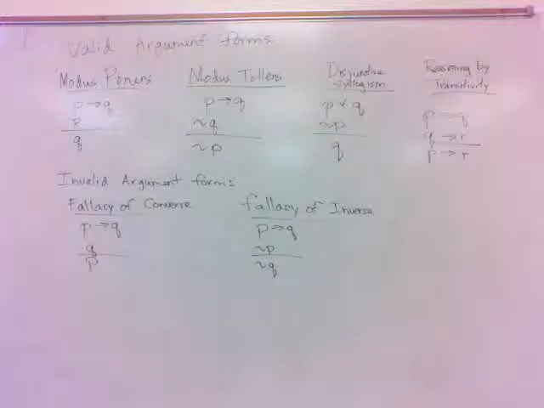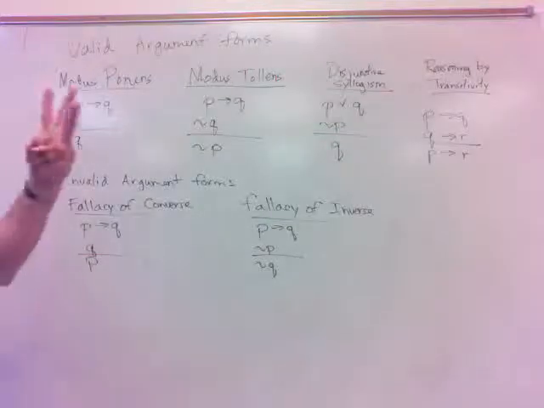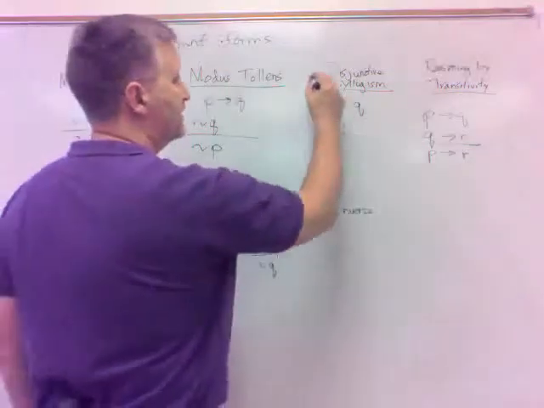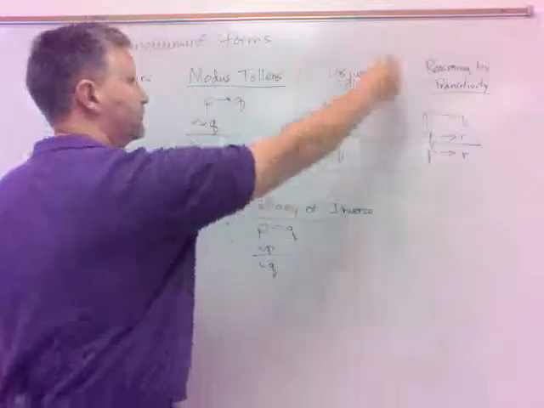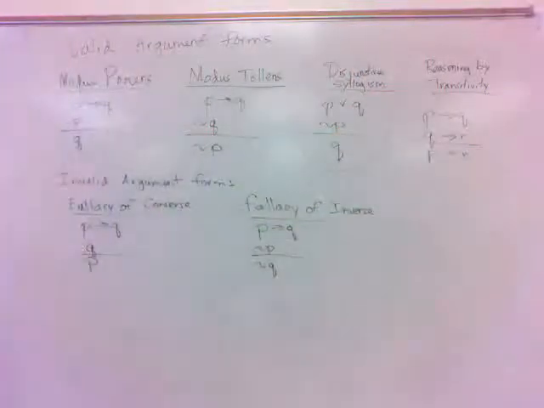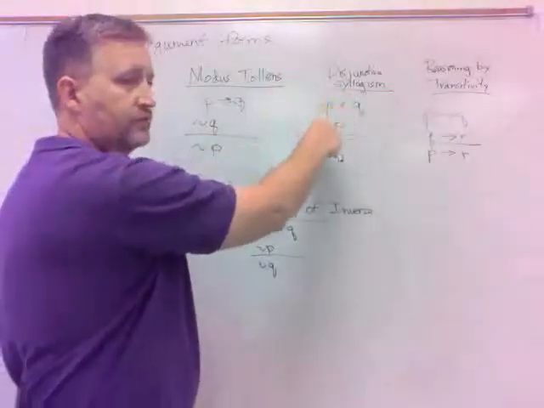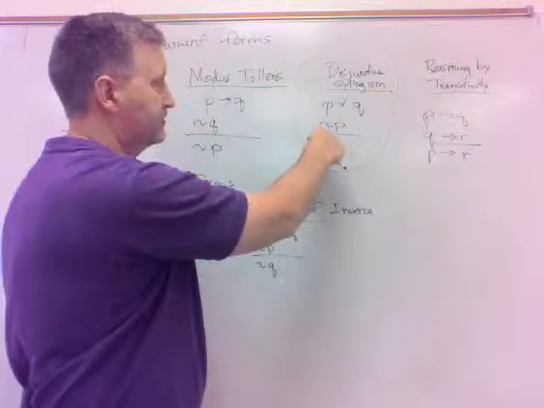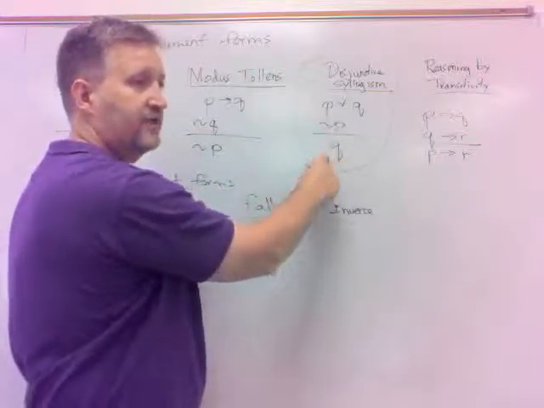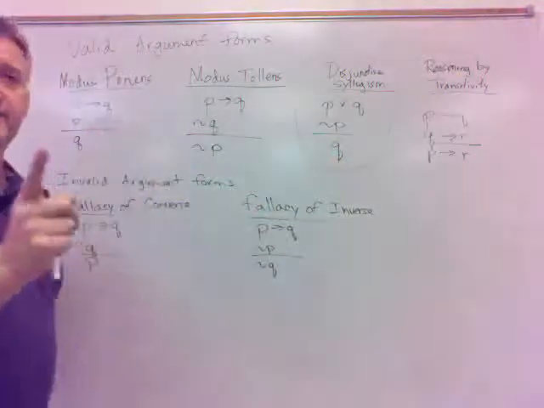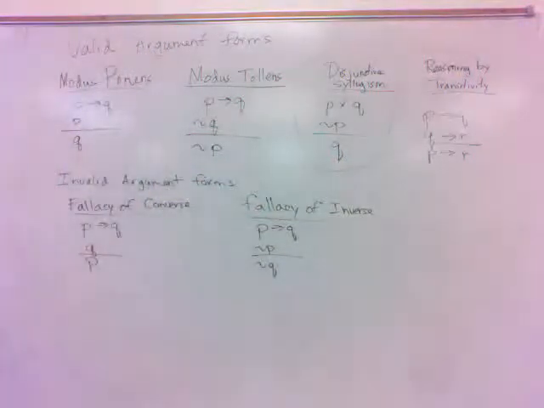The third one we did by the truth table, we actually did this one, but not quite. The one we did was P or Q, not Q, therefore P. Turns out on the disjunctive syllogism, this is the only one you can flip-flop around.